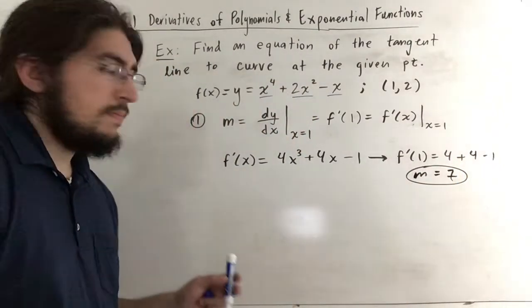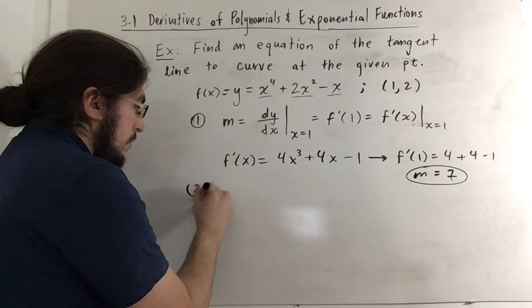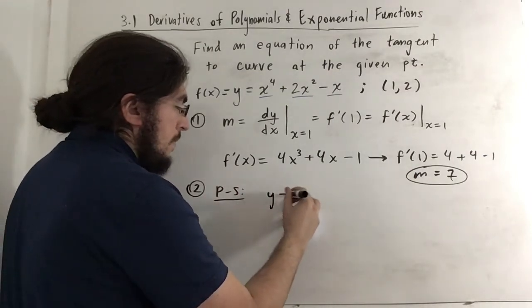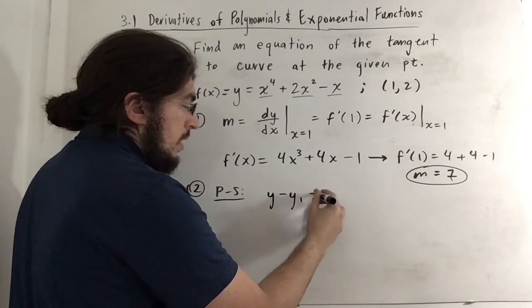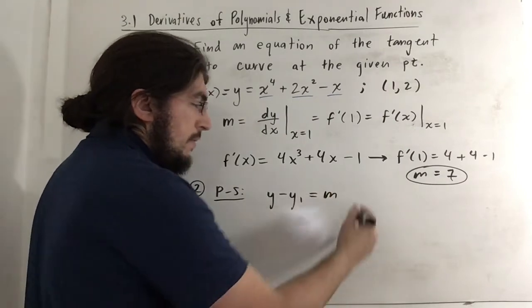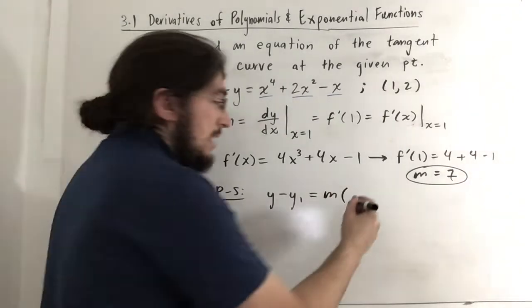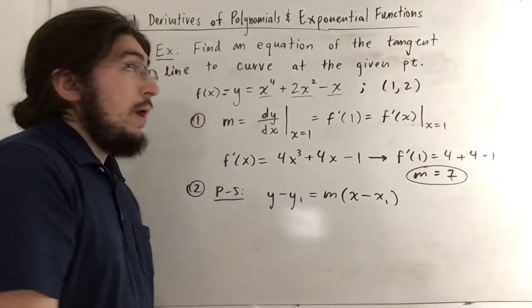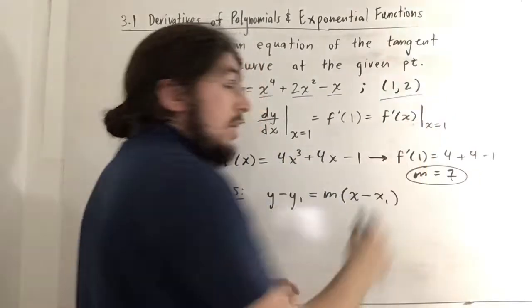Perfect. Now we can use point slope. Let us recall, point slope says y minus the y value of a point is equal to m, the slope of the line, times x minus the x value of the point. And here our point is (1, 2).